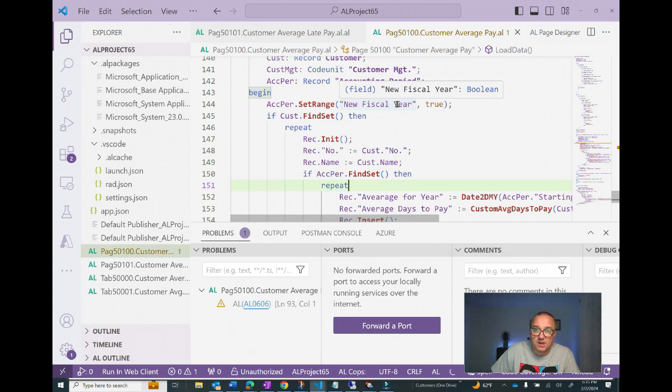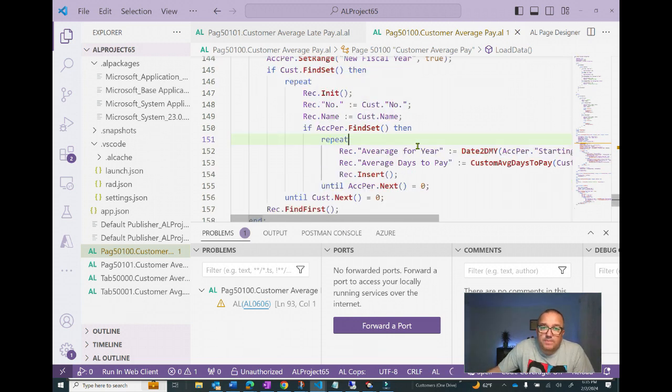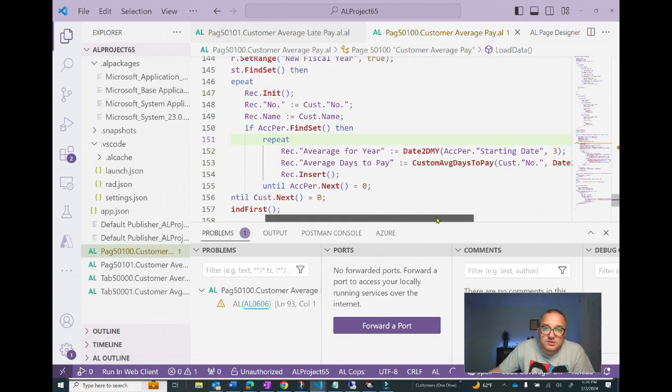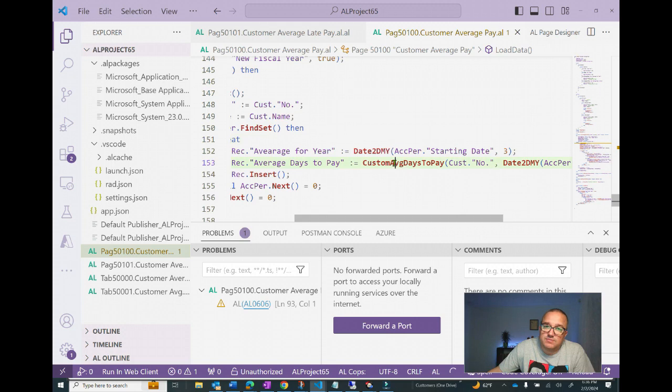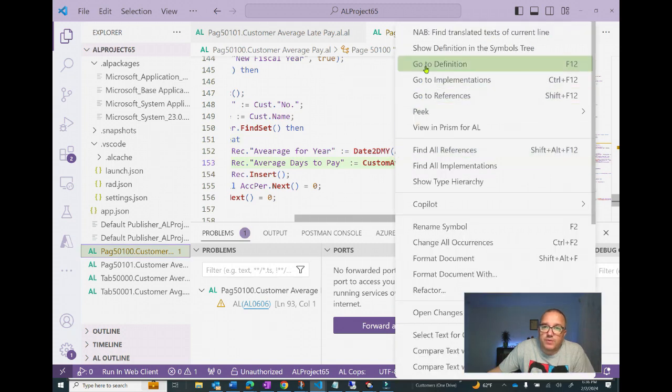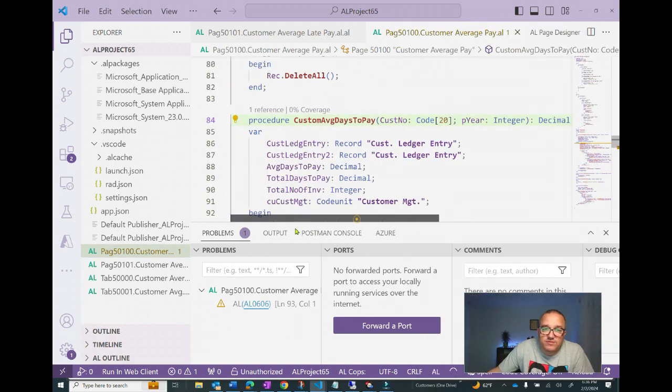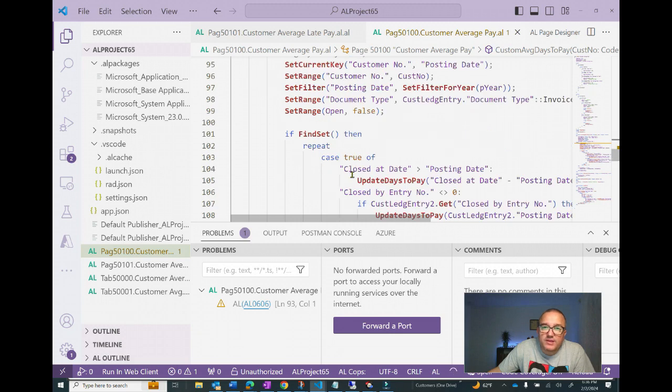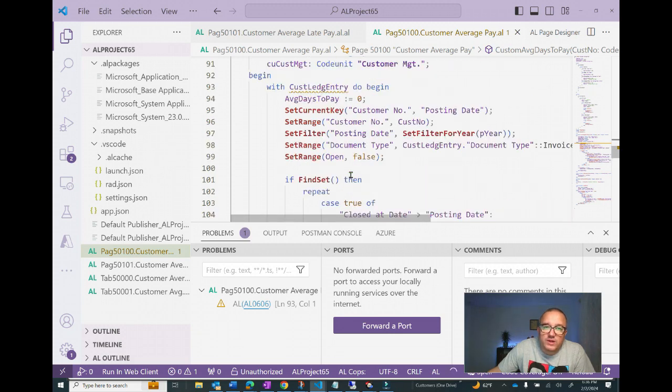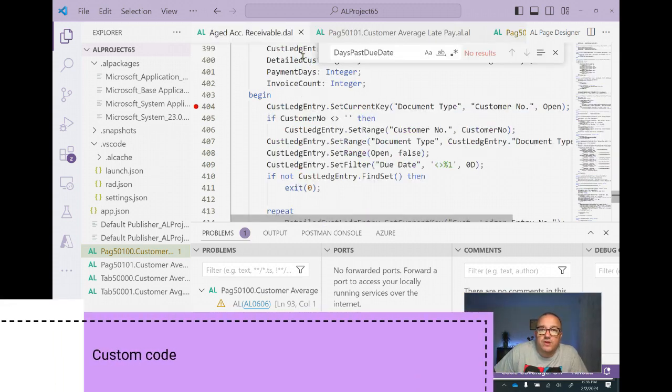They have the new fiscal year field turned on, and what we do for each year and for each customer, we do this custom average days to pay. And if we go to look at the function, it is very similar to what the base function is and does. The two values of those two fields are in the aged accounts receivable.